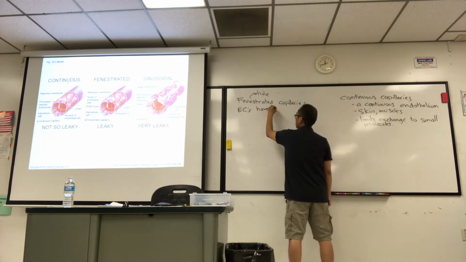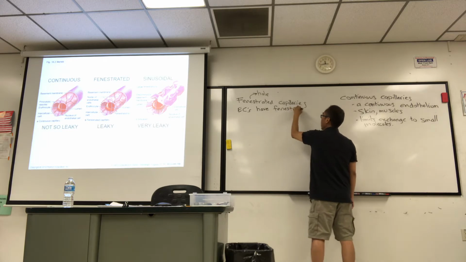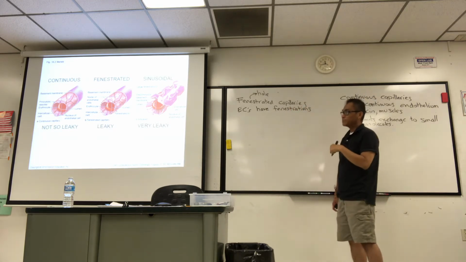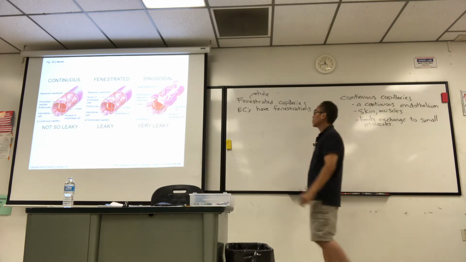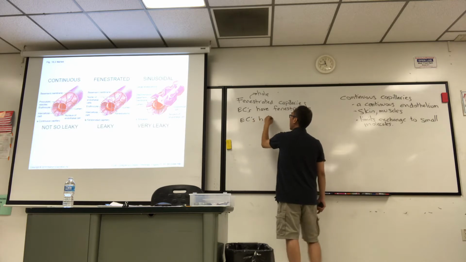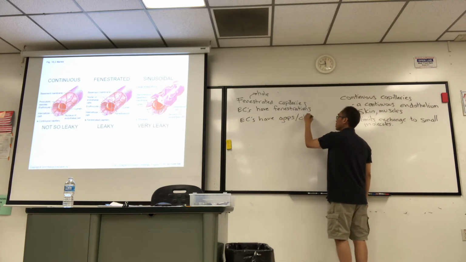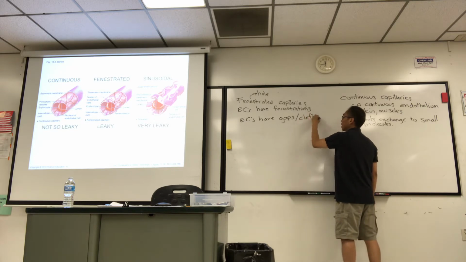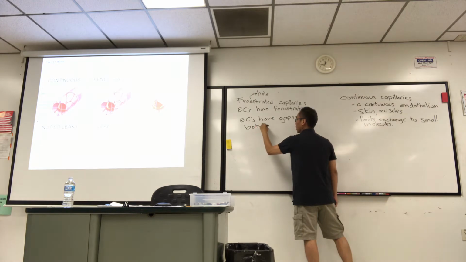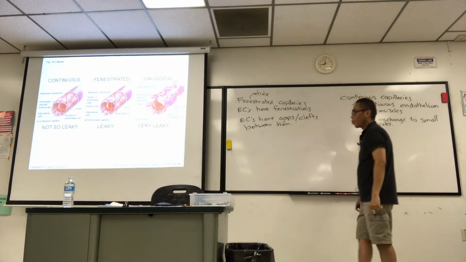They have fenestrations, or holes, so that allows for more exchange. And you have gaps between the ECs. ECs have gaps or clefts between them, which allows for more exchange.